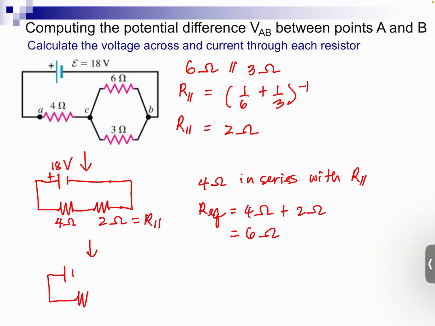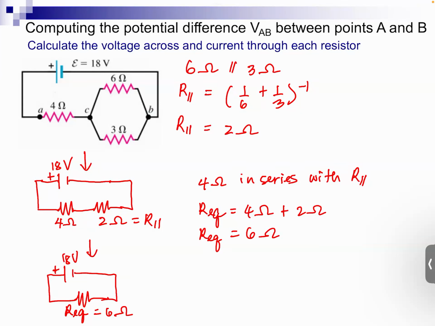And again, I recommend to redraw the circuits and include the battery in your drawing. You now reduce your circuit into a single resistor with a resistance equivalent to 6 ohms. All right, be happy with this simplification here, right?